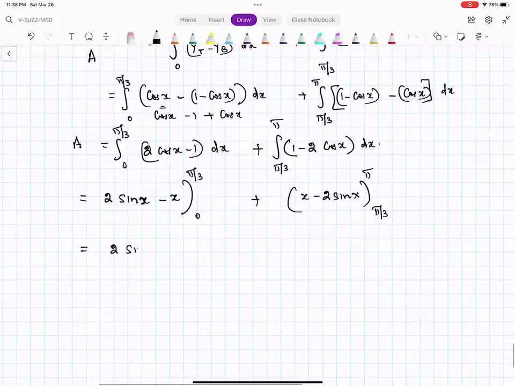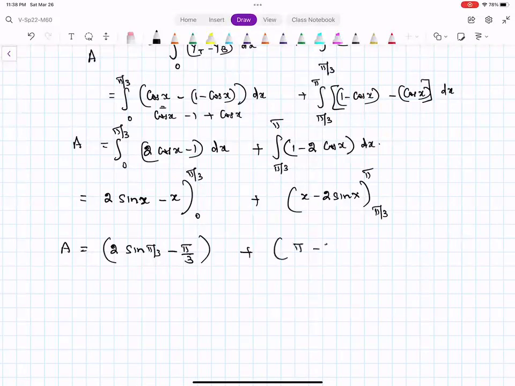Substituting, it is 2 sine pi by 3 minus pi by 3. Then at the lower limit, they are all 0. Plus the upper limit, it is pi minus 2 sine of pi, and minus the lower limit, pi by 3 minus 2 sine pi by 3.